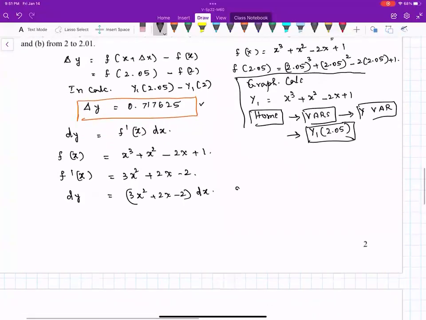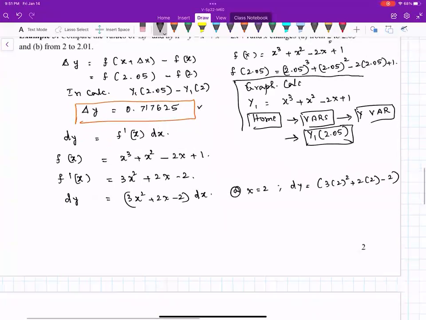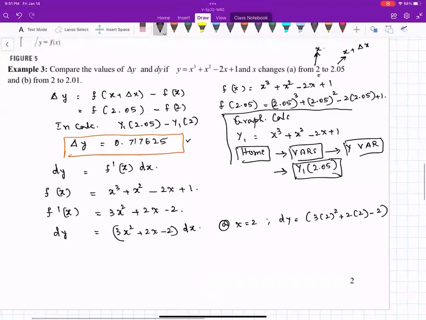So at x equals 2, dy becomes 3 times 2 squared plus 2 times 2 minus 2, times dx. And dx and delta x are the same.